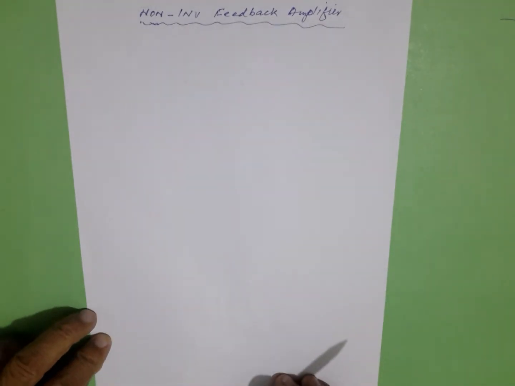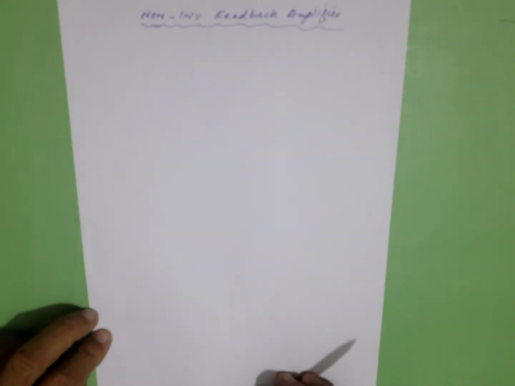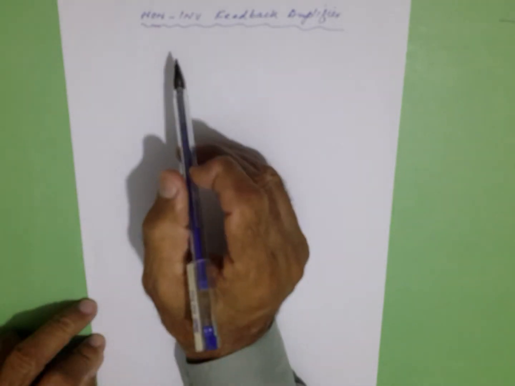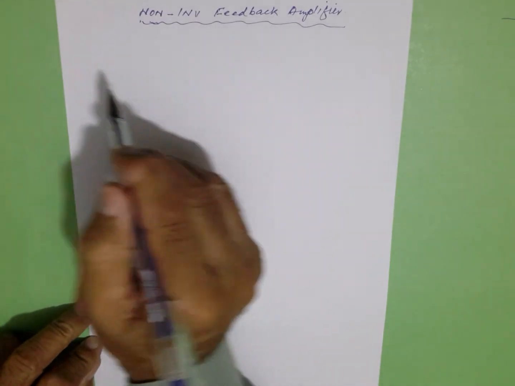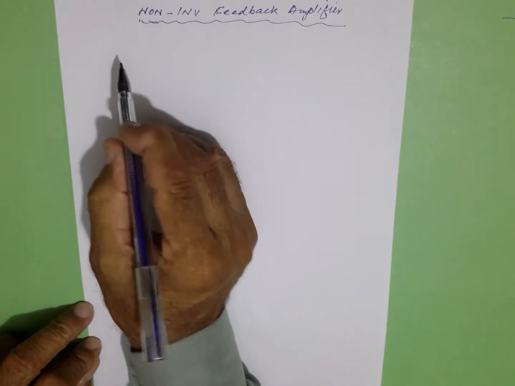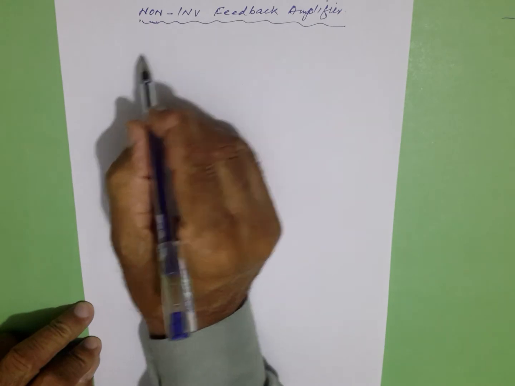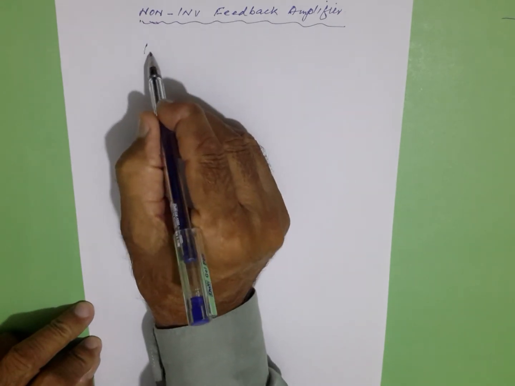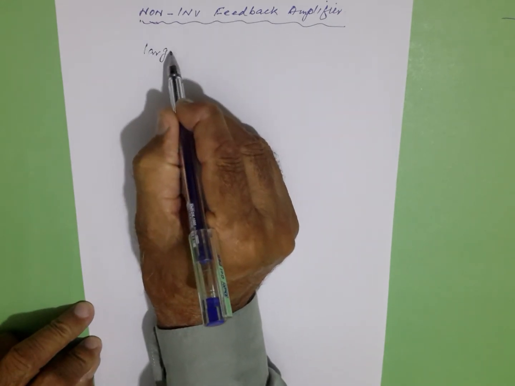Also, the video is a bit large and it is broken into 3 segments. The first one is non-inverting feedback amplifier, and we know that it has a very large gain.